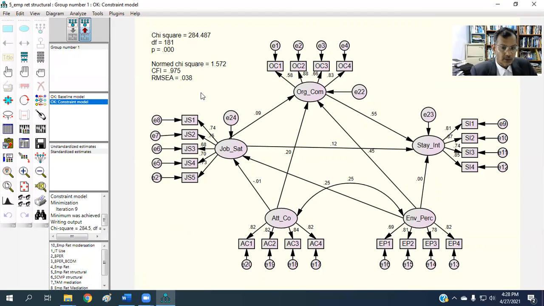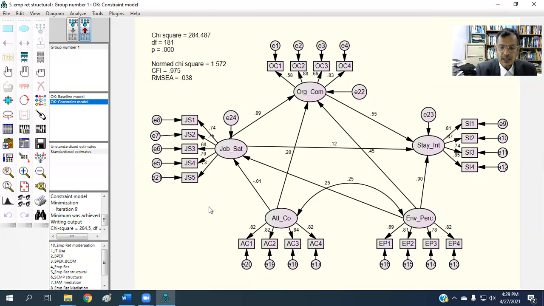All right. Now we need to take the difference of these two chi-square values. The higher one, 284.487, minus 243.269, is equal to 41.218, with the difference in degrees of freedom being 1.